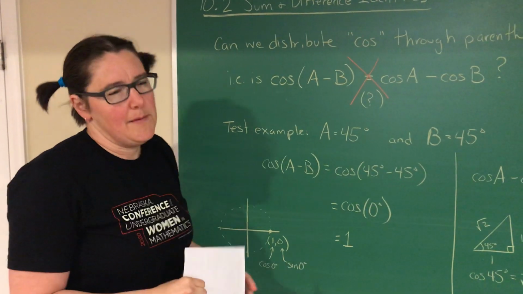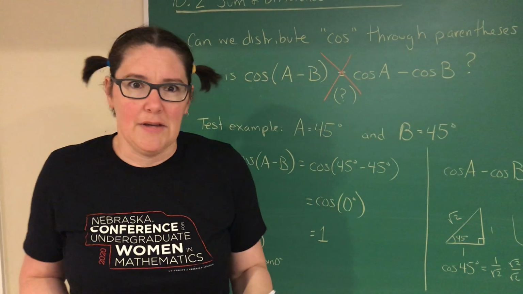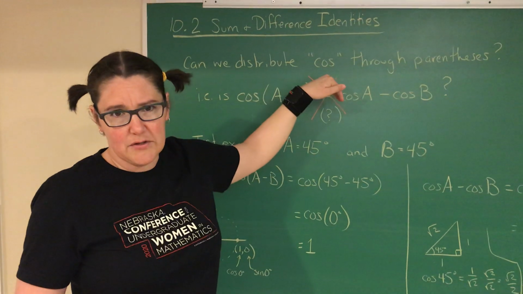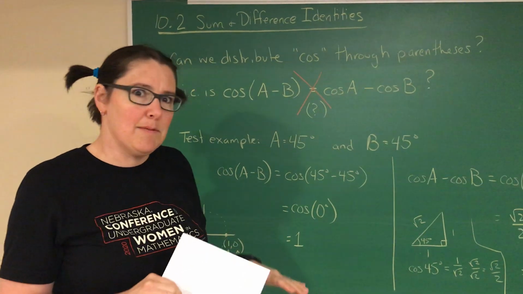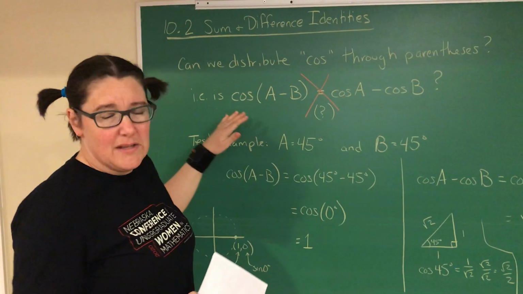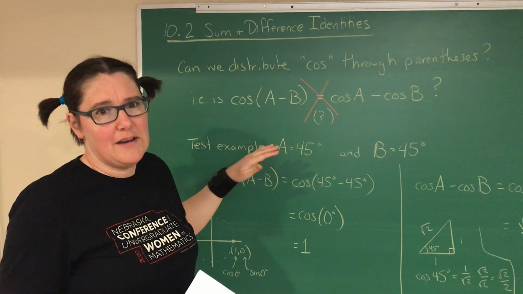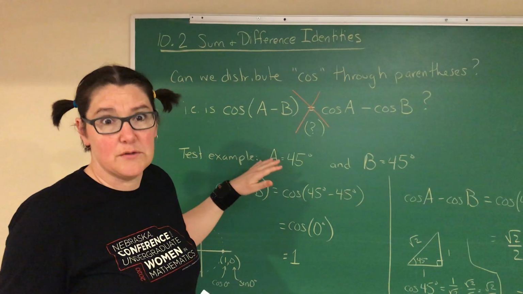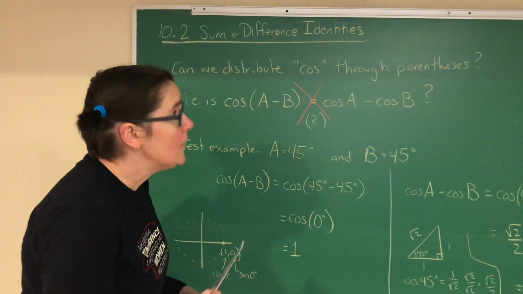Okay. In fact, quite honestly, you probably knew that ahead of time, because if we were allowed to distribute the cosine function through the parentheses and that was a legitimate math thing to do, we wouldn't have an entire 3-credit course on trigonometry if working with these functions was that easy. Okay. All right.